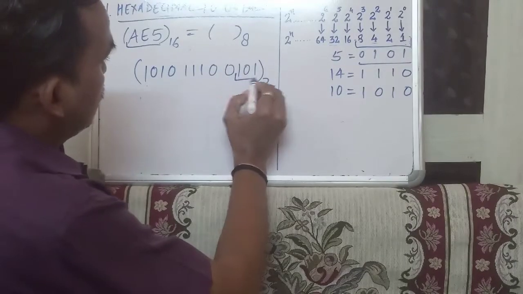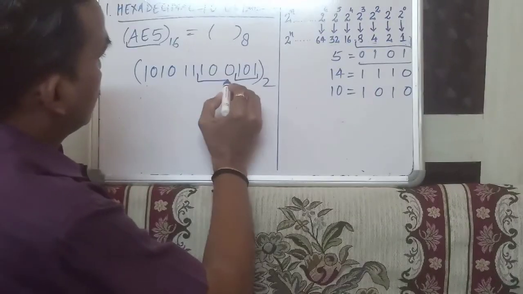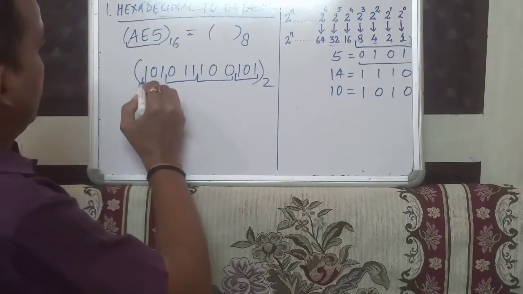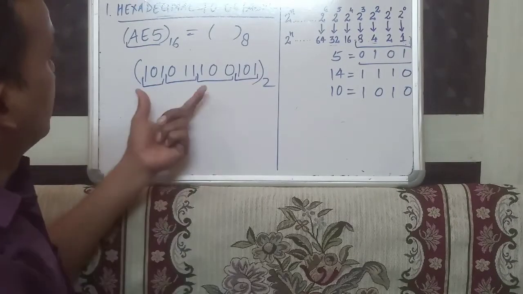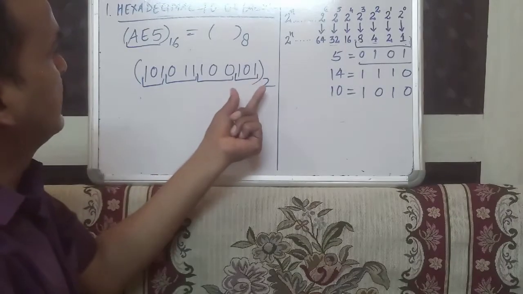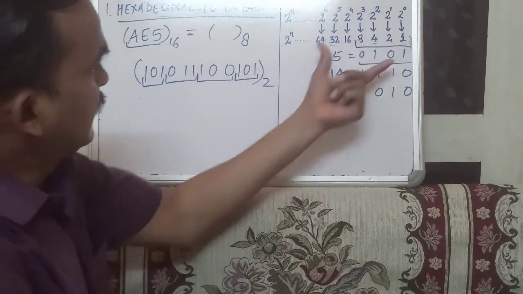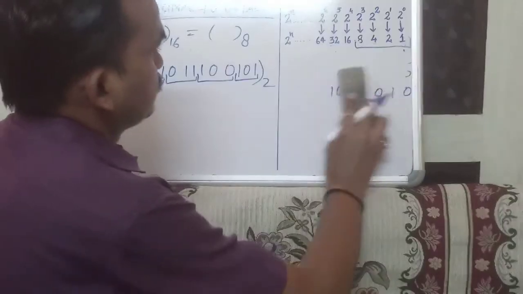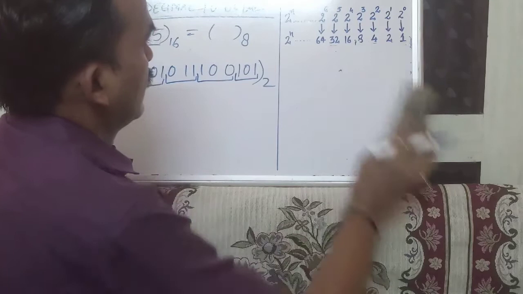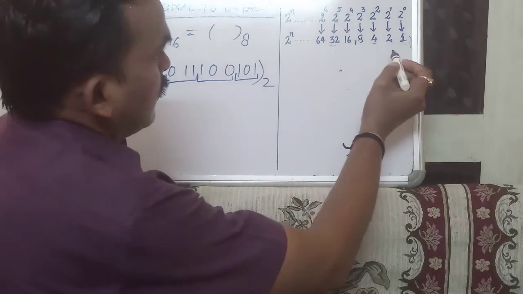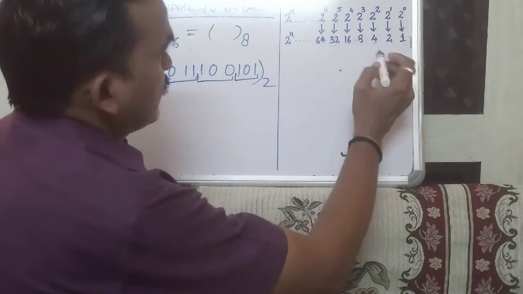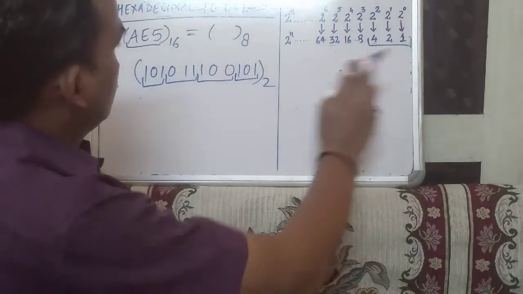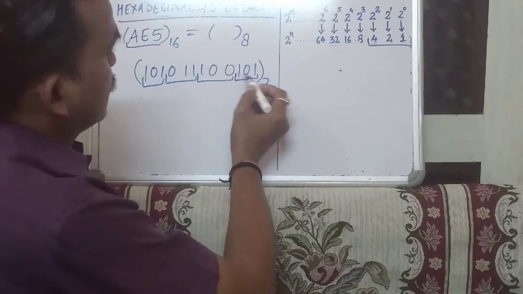So we make the 3-bit combinations, and we will put these 3-bit values in here. Now we have to make 3-bit combinations because we have to find out the octal values. So in this we will put the first number, that is 101.